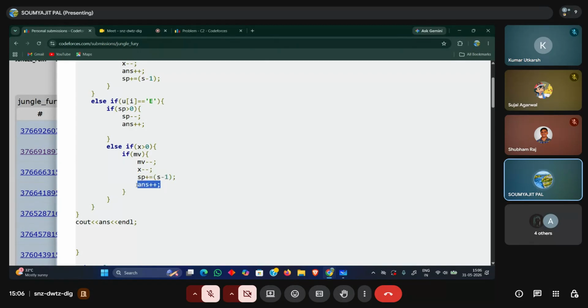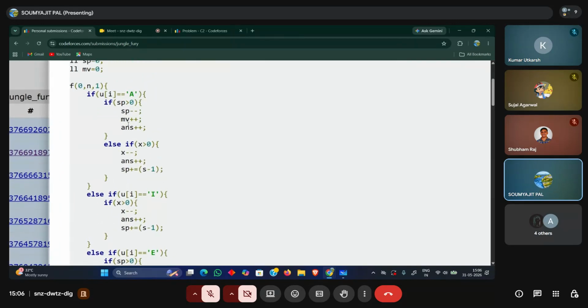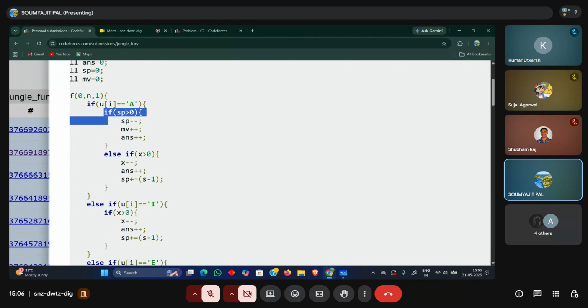And the answer is increased. And lastly, I'll first check if seats in an occupied table are available. So it is decreased, and yes, this ambivert can be moved for an extrovert and answer plus plus.